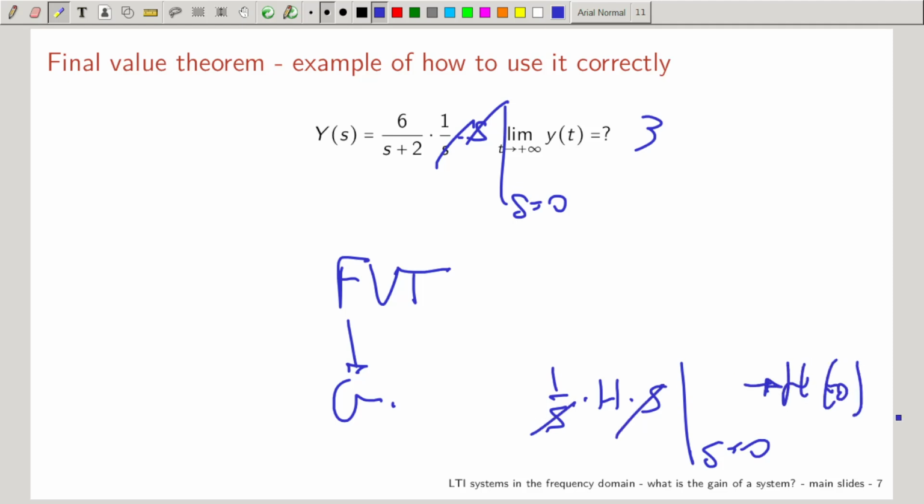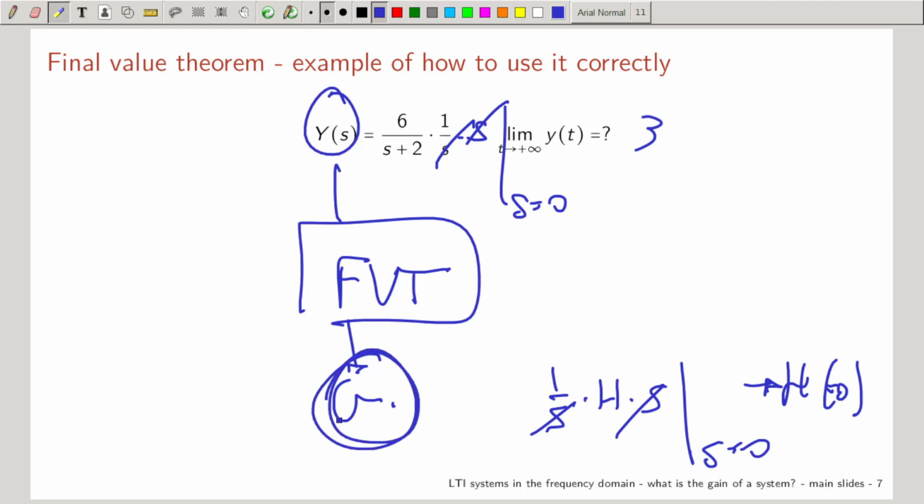H in 0. Together? They're two slightly different things. Final value theorem, we apply it to a signal. Whenever we apply it for computing the gain, it means that the signal is going to be h times 1 over s.